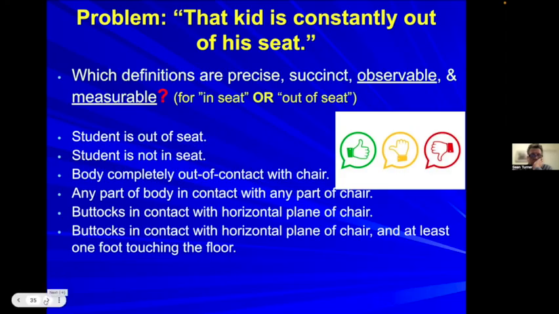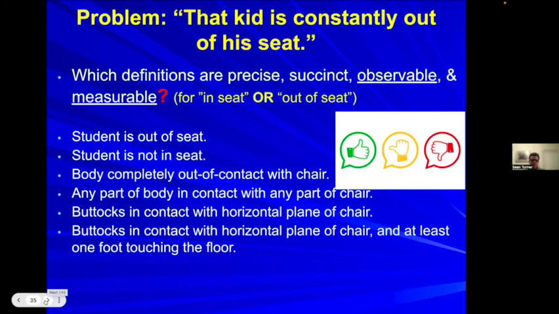And with the bottom three, these are actually from my memories of a student I work with. Teachers were saying, this kid is constantly out of his seat. And I'd remind them that nobody can do anything constantly except breathe. But we definitely want this kid in his chair more than he was at the baseline at the beginning.